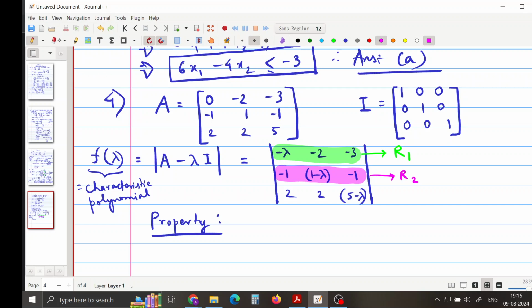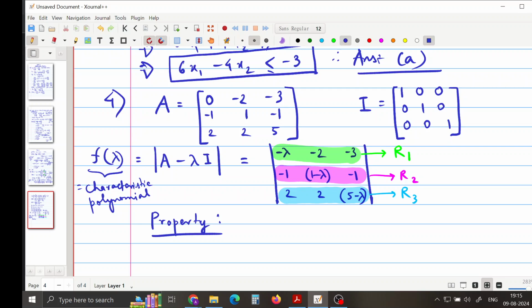R stands for row in this case. And similarly, let me use a different color, perhaps this one. This one is your R3, the third row. First row, second row, third row. Okay.